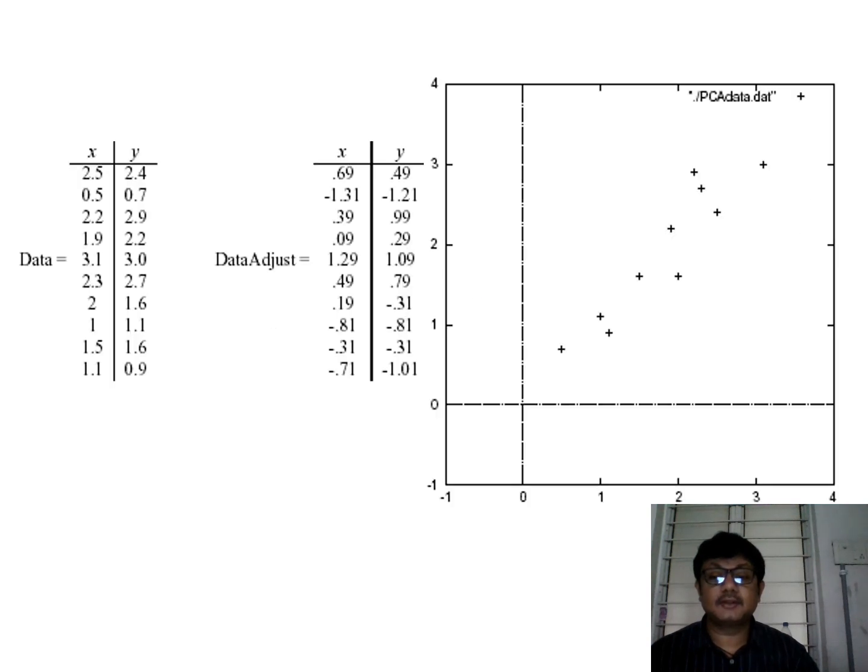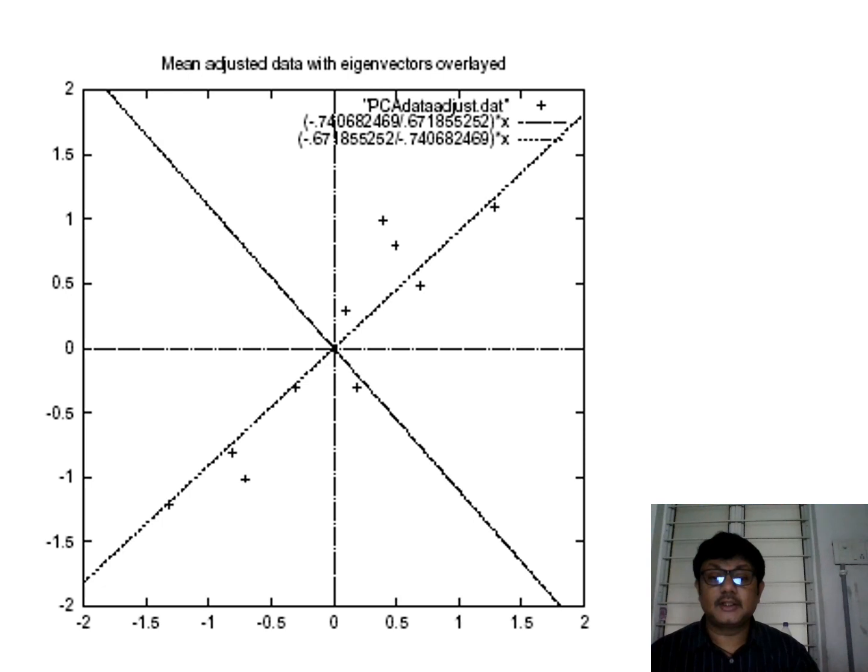Here we can observe the data and the adjusted data, how they are represented in the graph. Here is the mean adjusted data with eigenvectors overlaid. Here we can observe how this data is distributed.